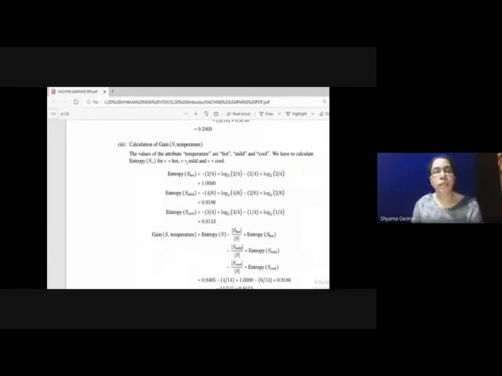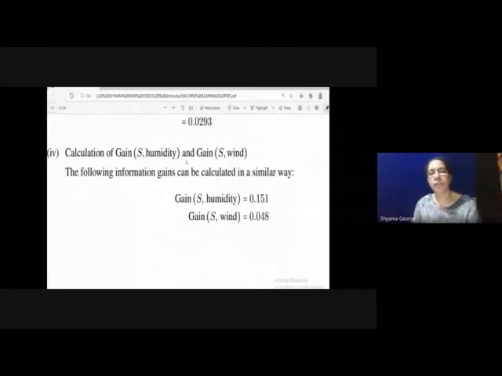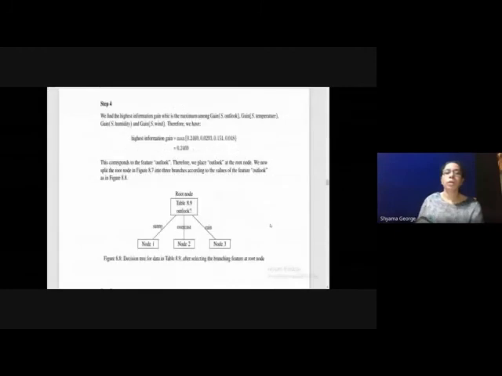Similarly, you can calculate the gain of S humidity and S wind. When you calculate the gain of humidity, you will obtain the value 0.151, and the gain of the attribute wind is 0.048. So to find out the attribute which can be placed in the root node, we have to take the attribute with the highest information gain.